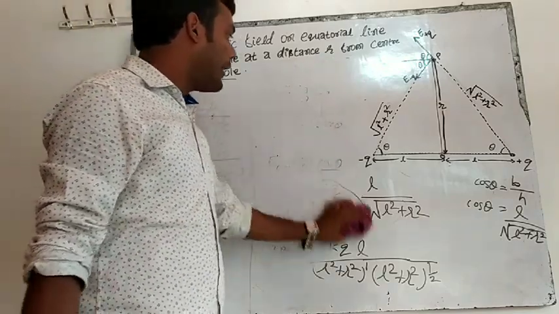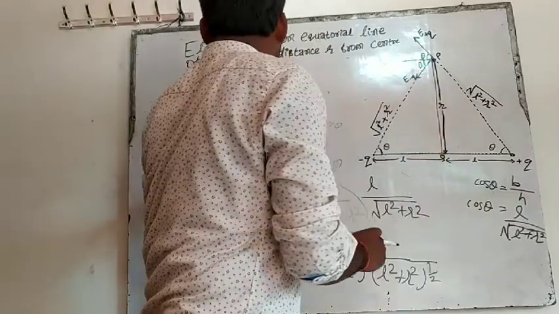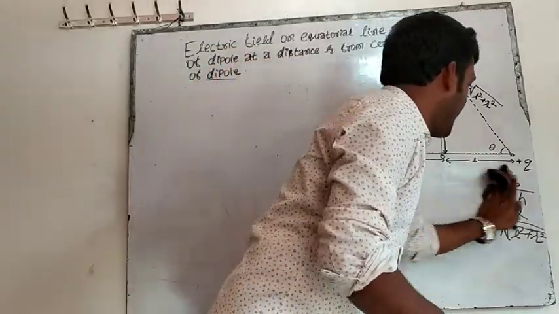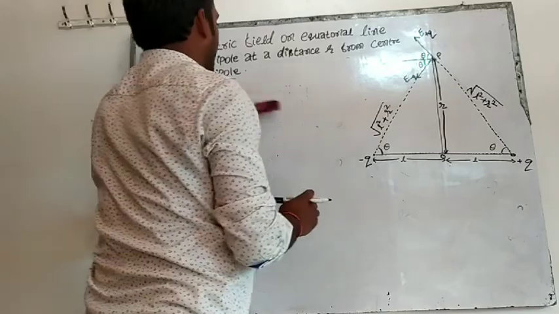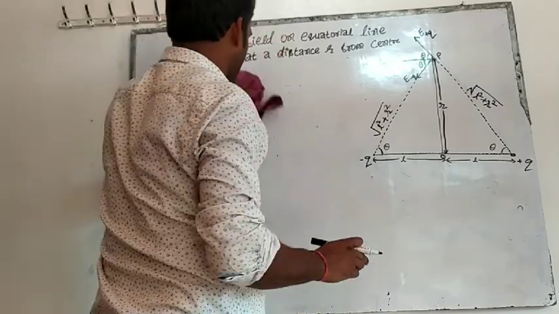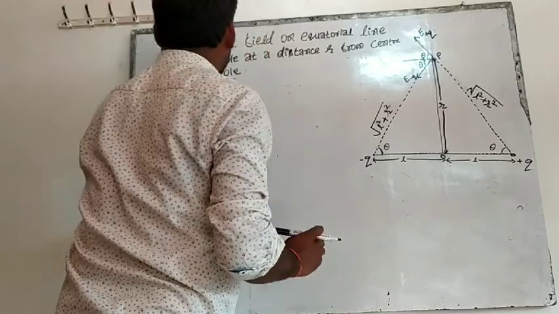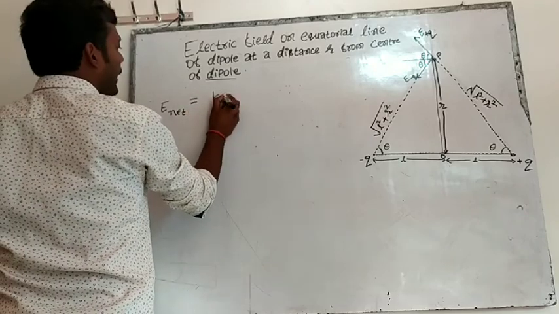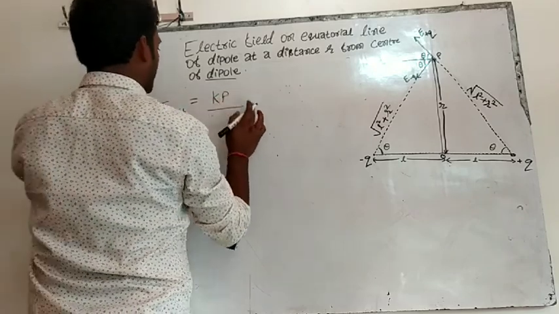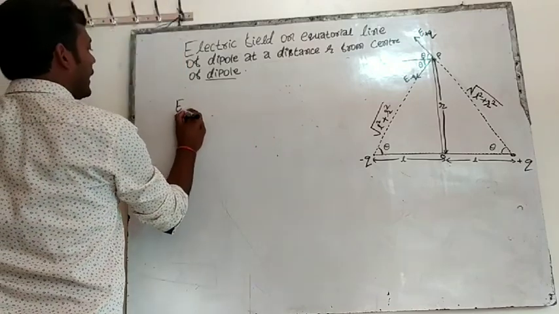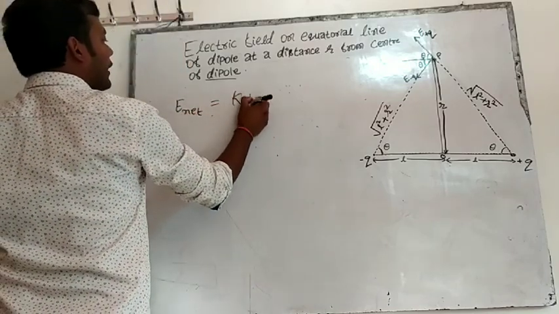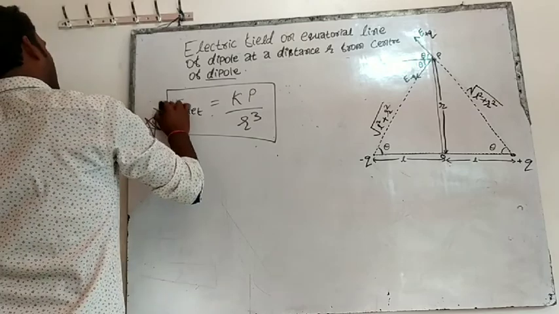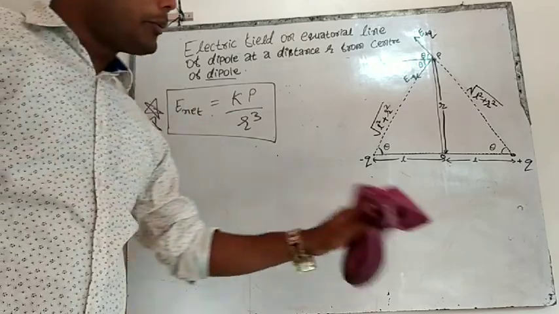E net was equal to kp by r cube. This formula you have to understand, and this formula you have to memorize every time.